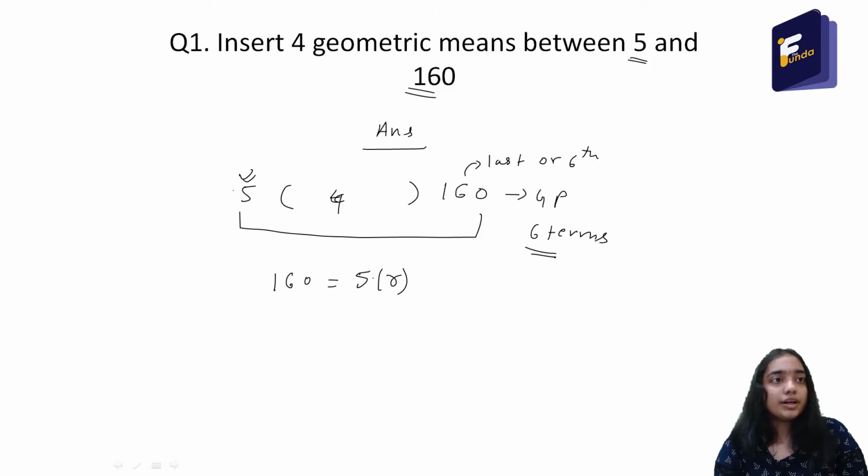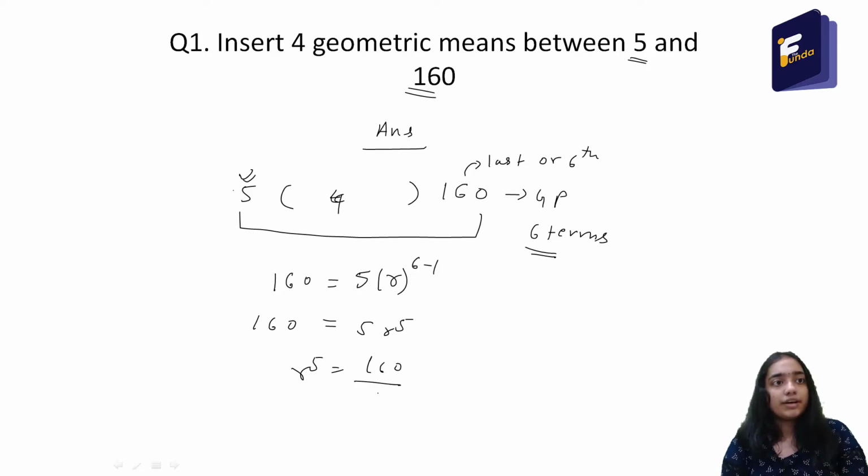So a r to the power 6 minus 1 will be 5 into r to the power 5. So 160 equal to 5 r to the power 5. Now r to the power 5 equal to 160 by 5, and that is coming as 32. So r to the power 5 equal to 32, so r equal to 2. If you calculate 2 to the power 5, that will be 32. So the value of r is 2.